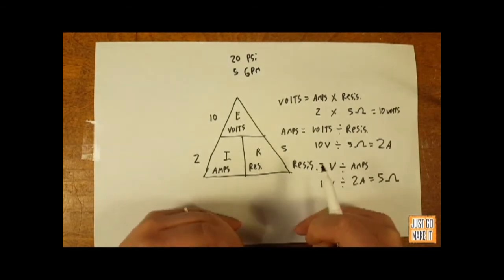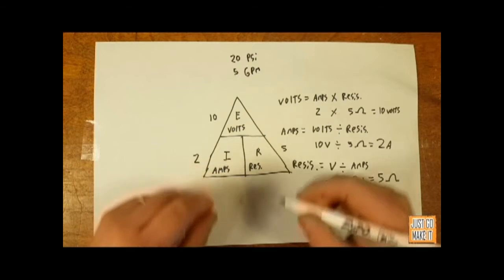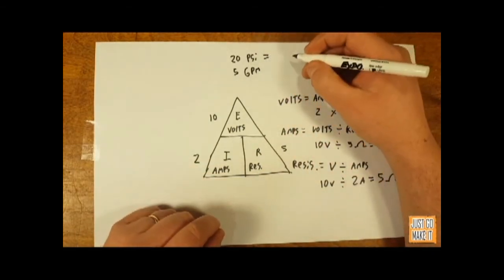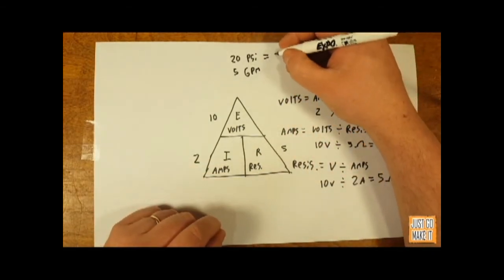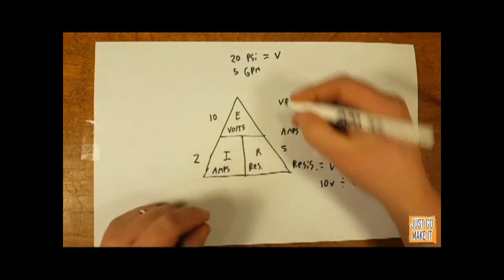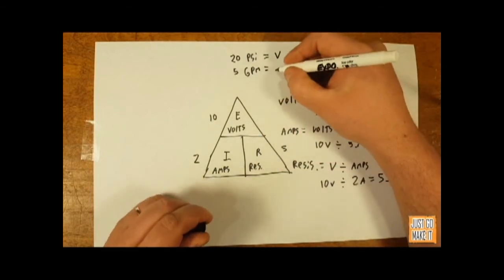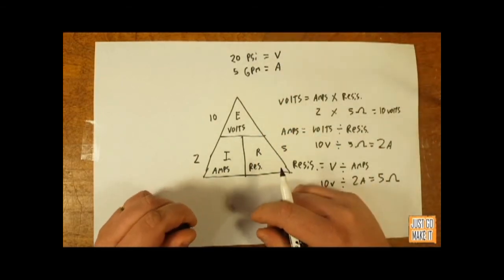Now that's full voltage, full amps. So in the case of this, the water pressure in the hose is equal to the volts in a circuit. Our gallons per minute is equal to the amps in a circuit.